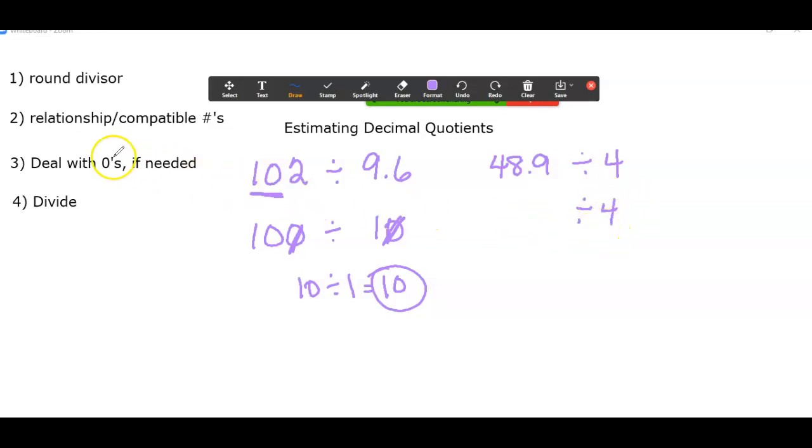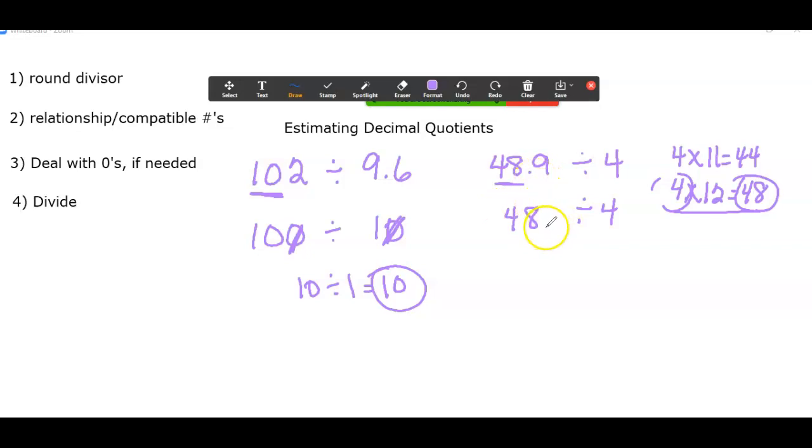Then I look for a relationship to make a compatible number. Well, again, think about the first 2 digits. First 2 digits here would be 48. Does 4 have a relationship with 48? Well, I know 4 times 11 is 44, and I know that 4 times 12 is 48. So yes, there is a relationship between 4 and 48, so I'm going to change this to a 48.